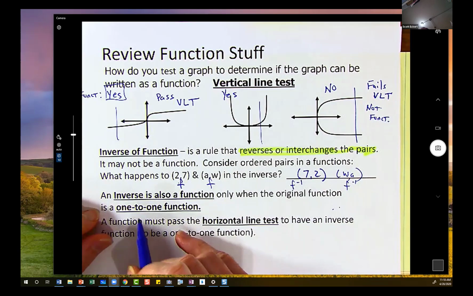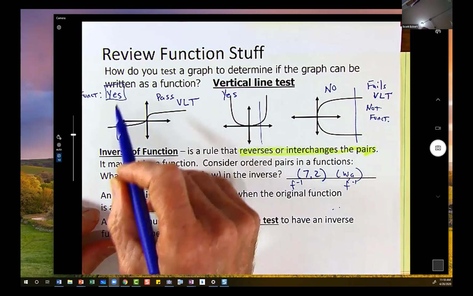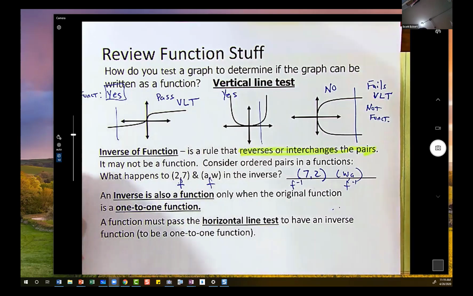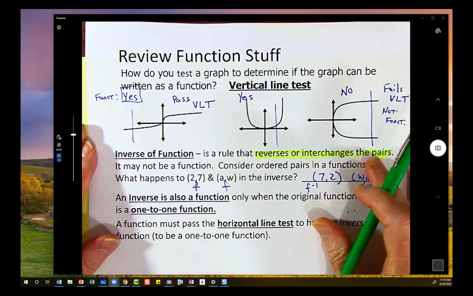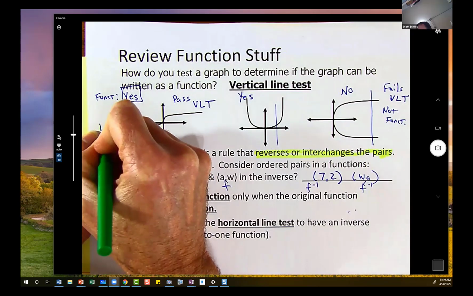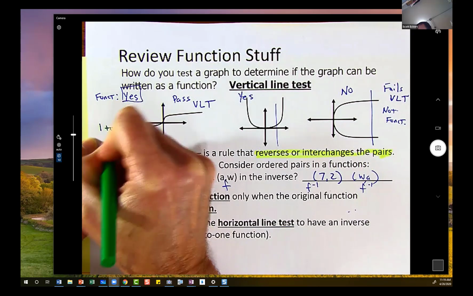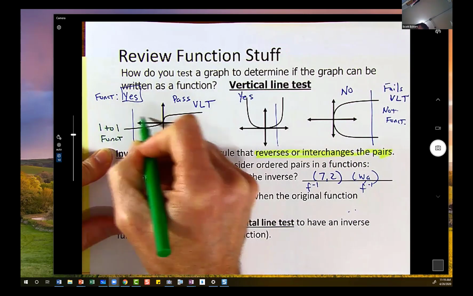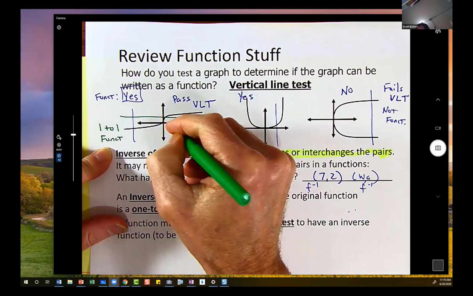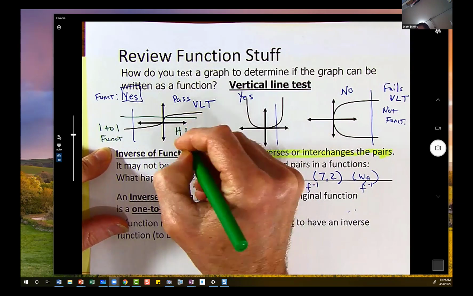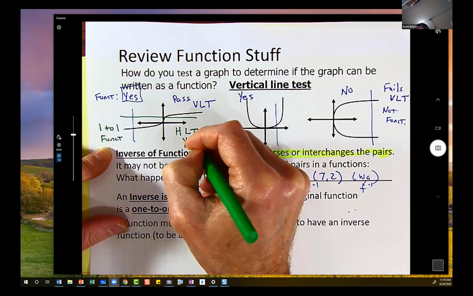How do I know if this original function here is 1 to 1? Horizontal line test. Right. There is a 1 to 1 function, and it passes the horizontal line test. So we can say, yes, this one is 1 to 1.